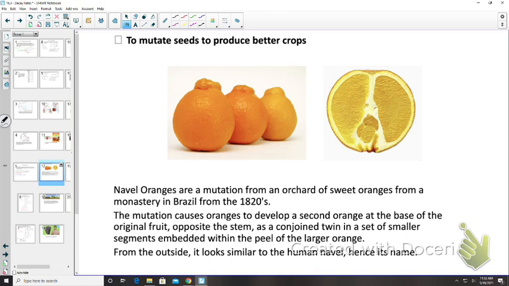So scientists will develop different types of seeds to produce better crops. One of the ways they can do so is by irradiating the seeds. Okay, another strategy to mutate seeds is by cross-pollination or selective breeding.